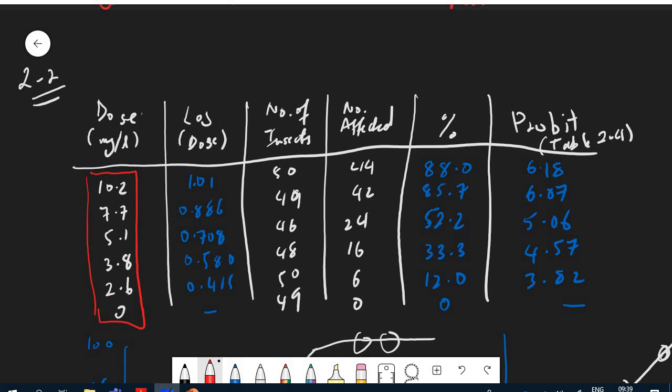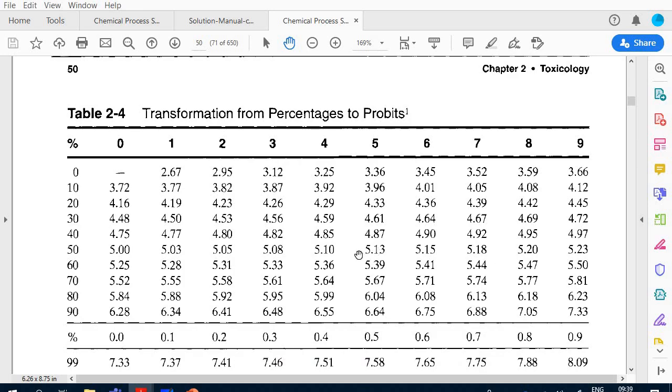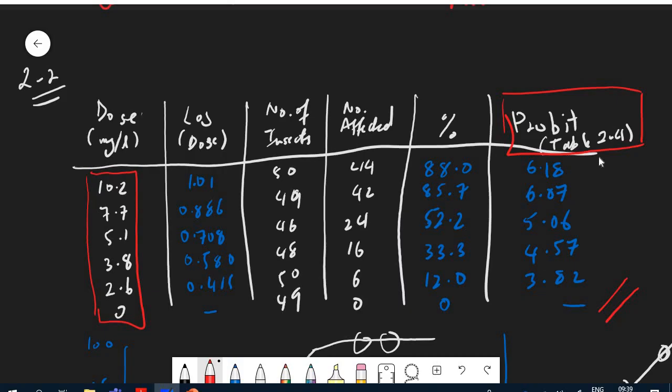And then we start finding the probit. To find the probit, we need to go to table 2.4, which is the transformation from percentages to probits.